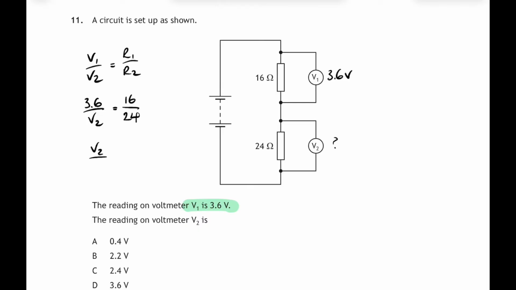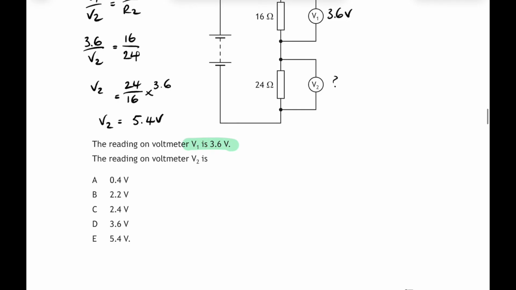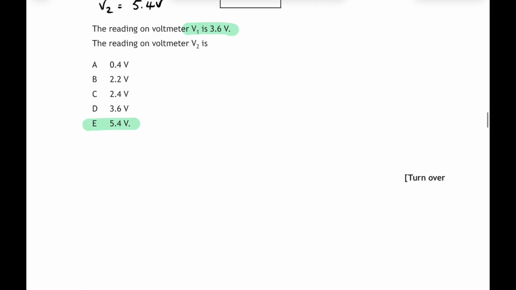So V2 over 3.6 will be equal to 24 over 16. And then if we multiply both sides by 3.6, that means we lose the 3.6 on the left hand side and it appears on the right hand side. And then if you do that on your calculator, it gives you an answer for V2 of 5.4 volts, and that corresponds to answer E.